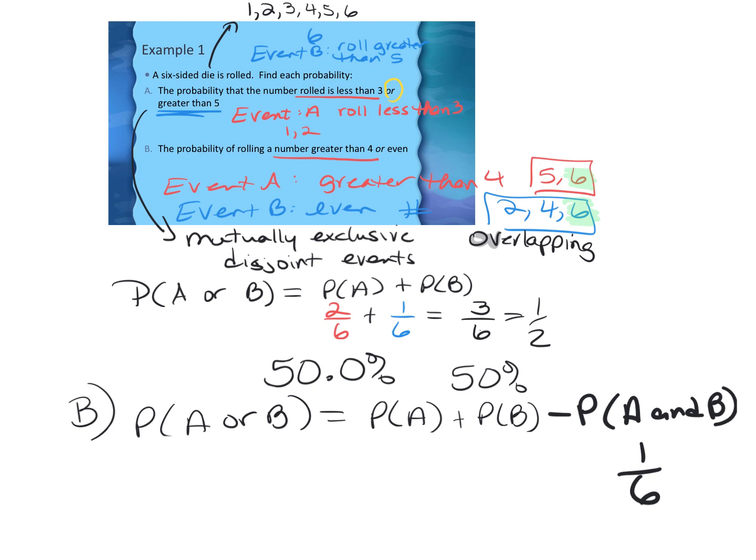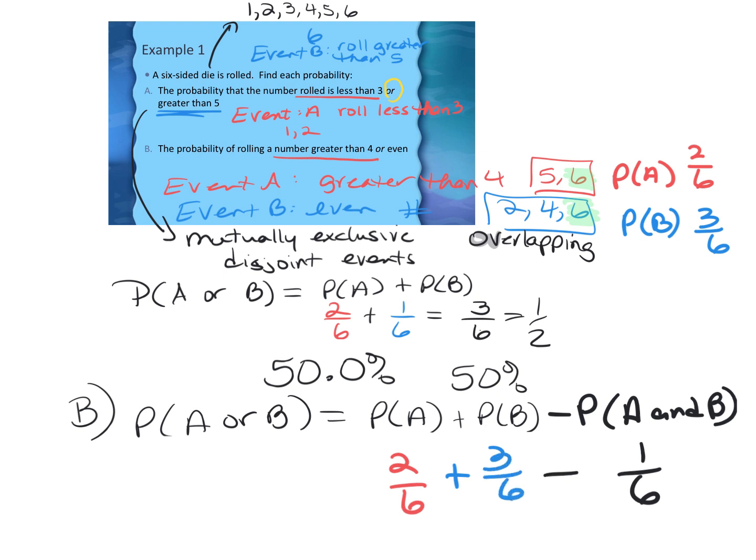My probability of event A here, there's 2 numbers, so 2 over 6. My event B, there's 3 even numbers, so 3 over 6. And then I subtract out the overlap, which is what I had in green.